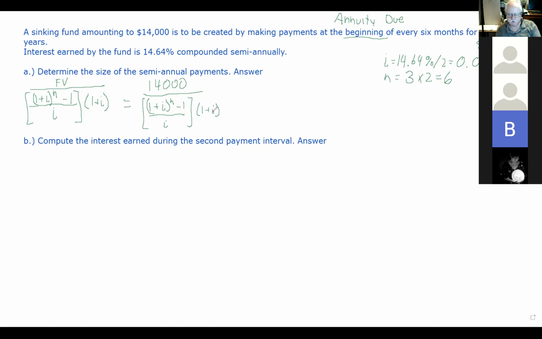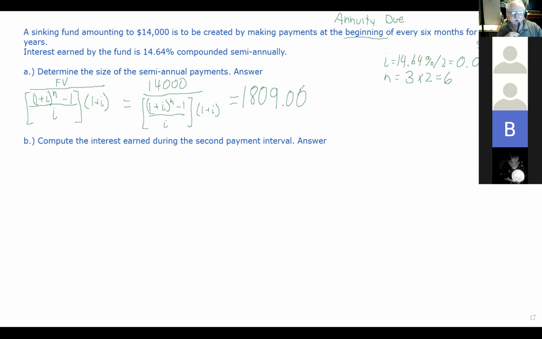So we get this number, and I'll flip it into the numerator by going 1 over X, and then times 14,000. And I get 1808.999. So this will be 1809.00.